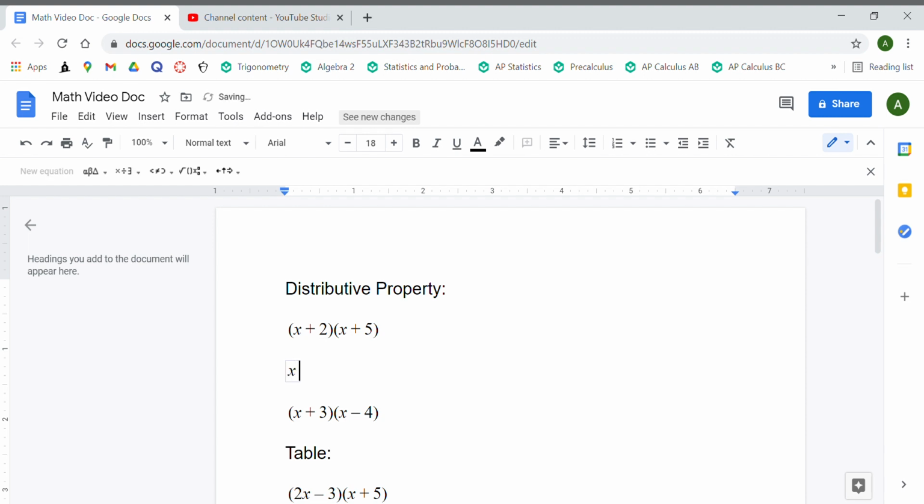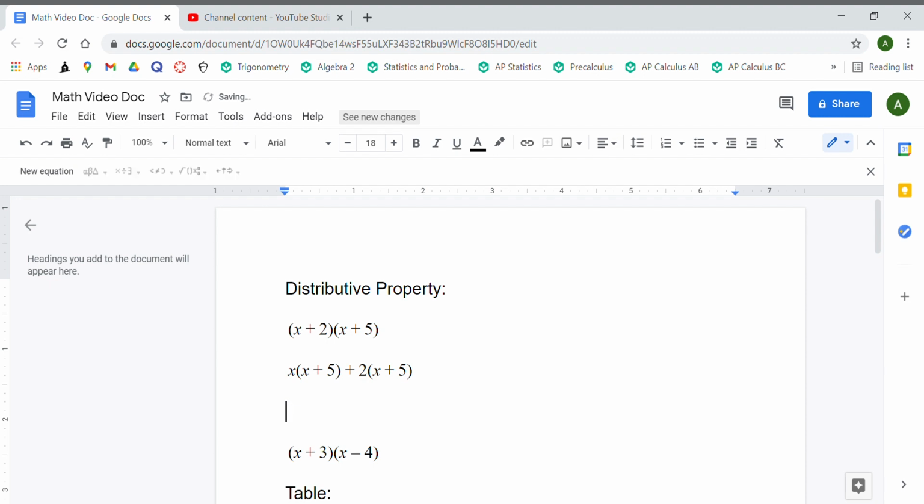In this case, we're going to be using x times x plus 5 plus 2 times x plus 5. And then, guess what? We've got to use the distributive property again. And so we get x squared plus 5x plus 2x plus 10, which equals x squared plus 7x plus 10.